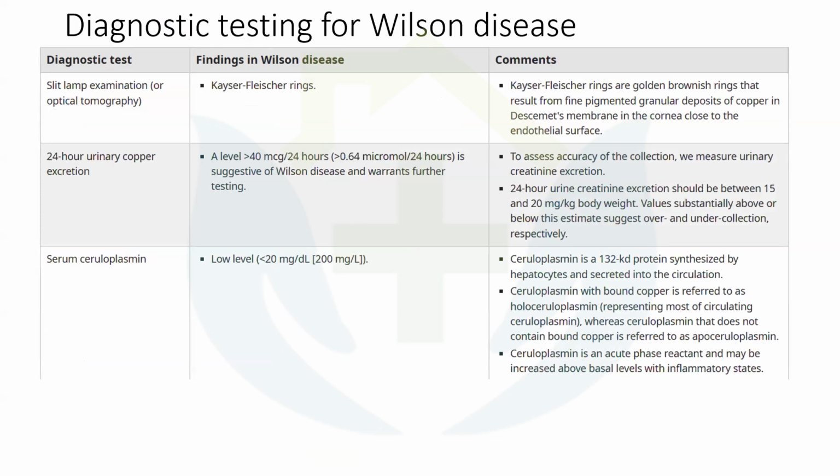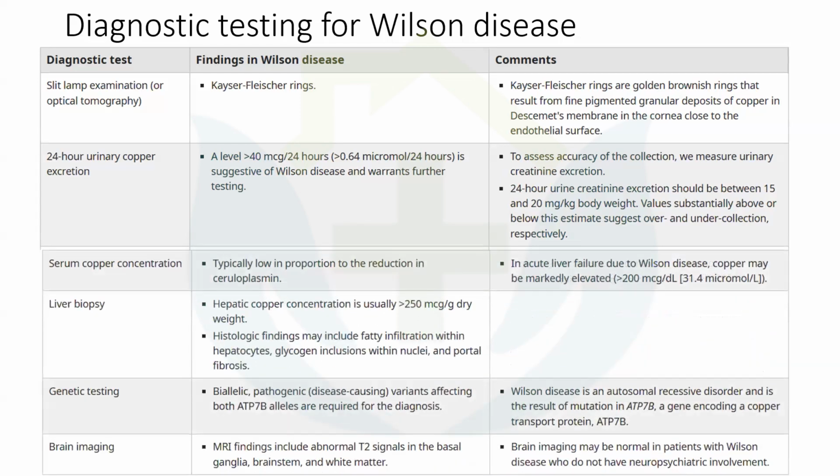If it is greater than 40, it is suggestive of Wilson disease, so we need to work up further to confirm. Serum ceruloplasmin, when low, is highly sensitive, so we also need to work up further to confirm the Wilson disease.